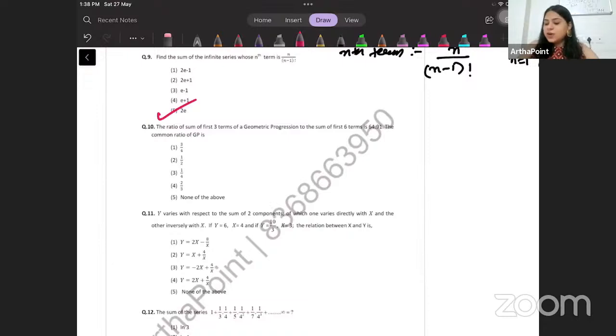Okay, now come to the next one. The ratio of the sum of the first 3 terms of a geometric progression to the sum of the first 6 terms is 64:91. The common ratio of the GP is. Okay.